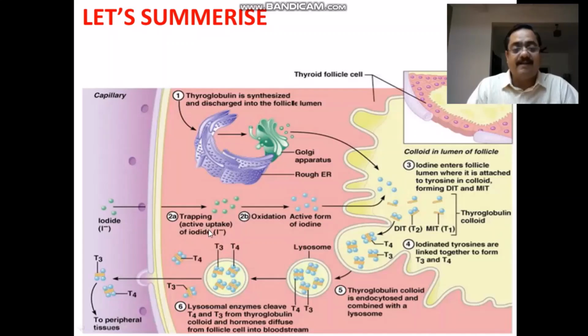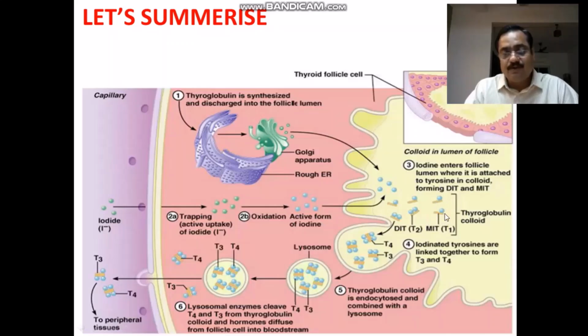From there it is trapped as an active uptake of iodide. It is oxidized to an active form of iodine, and then enters the thyroglobulin molecule. They combine with the thyroglobulin in the follicular lumen. They are attached to the tyrosine in colloid, forming DIT and MIT.